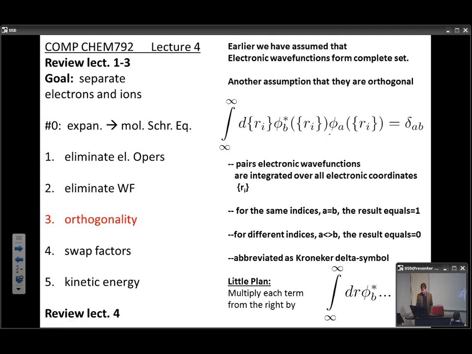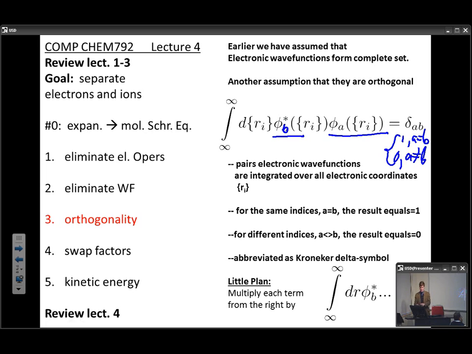Orthogonal and normalized. So if you take one electronic wave function with index A and another with index B, and we integrate them over all electronic variables, we will get either 1 if A equals B and 0 if A is not equal to B. So it is like the Kronecker delta symbol. It is either 1 or 0.